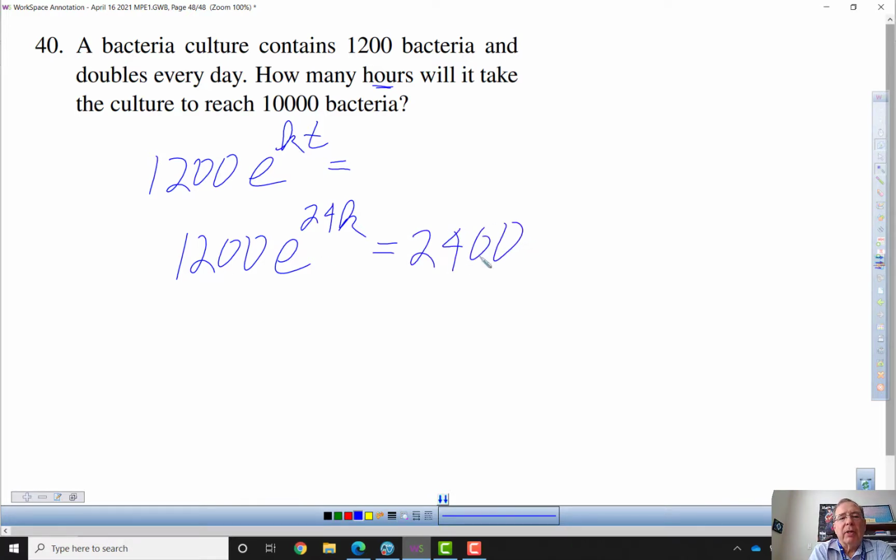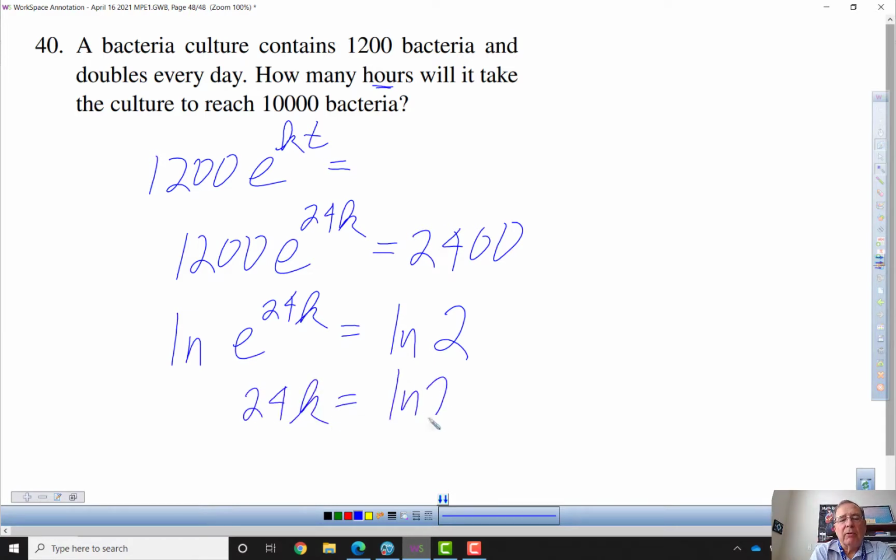So if we divide both sides by 1,200, we get e to the 24k equals 2. To undo the exponential, we're going to take natural log of both sides. So 24k equals the natural log of 2. So k equals the natural log of 2 divided by 24.